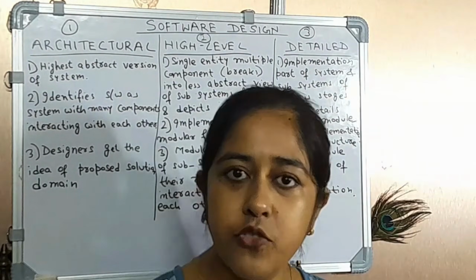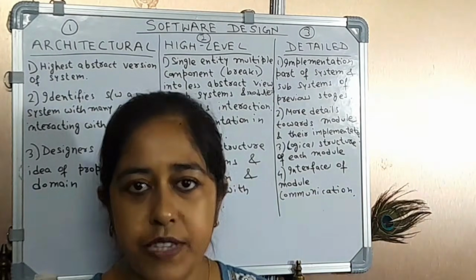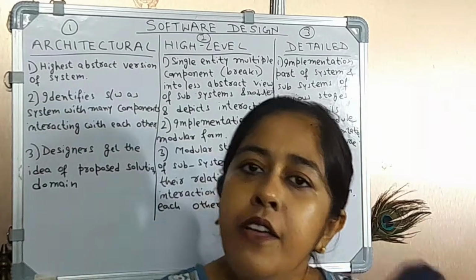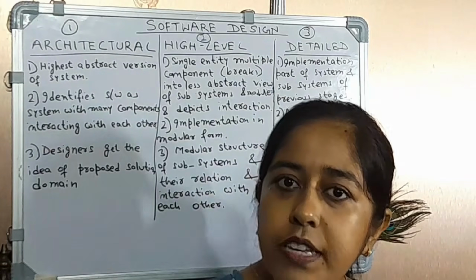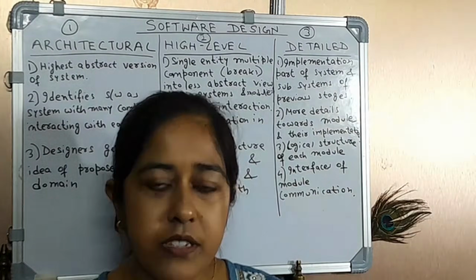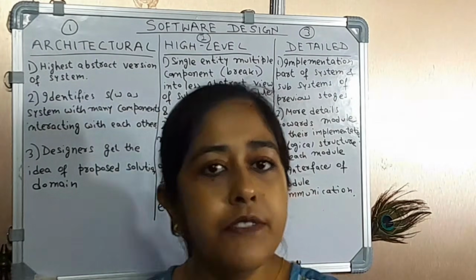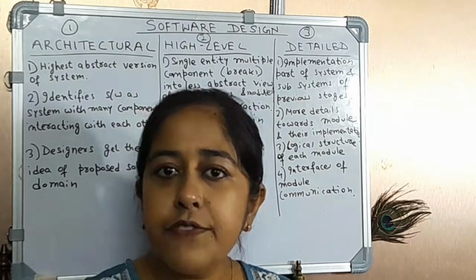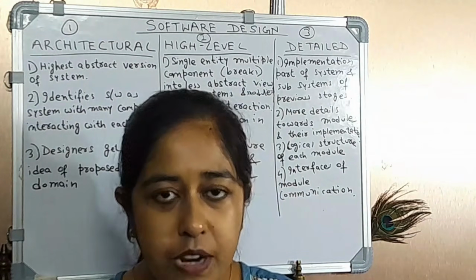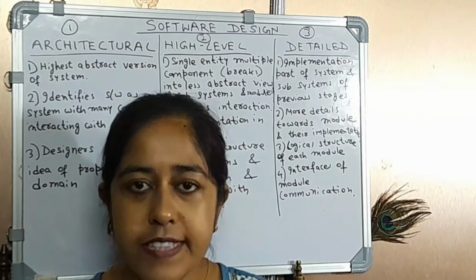Suppose, in our library management system that we have seen previously, some components were working for the books, taking the function. We have seen there also the input it was taking, and some was giving the output. So these different components were working in an independent manner.